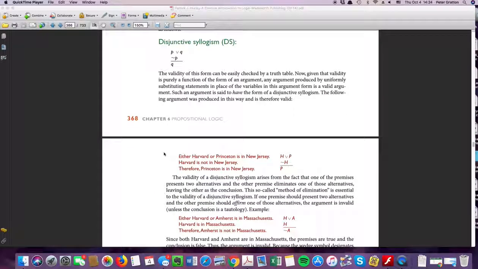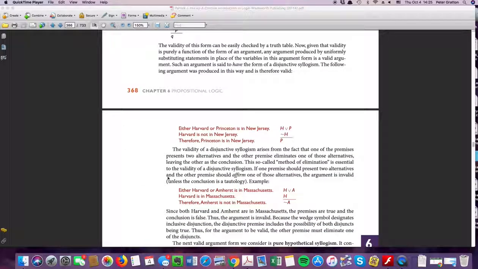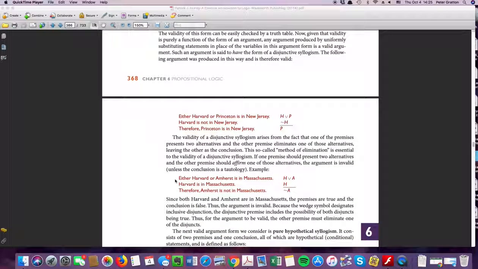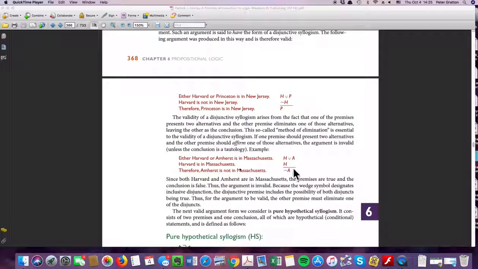Then we could substitute other things in. Either Harvard or Princeton is in New Jersey, Harvard is not in New Jersey, therefore Princeton is in New Jersey, right? We'll see this again, but I just wanted to go over the chapter quickly. And again, we could do this again. Now we know that this one is a valid but unsound one because Amherst is a city in Massachusetts, right?